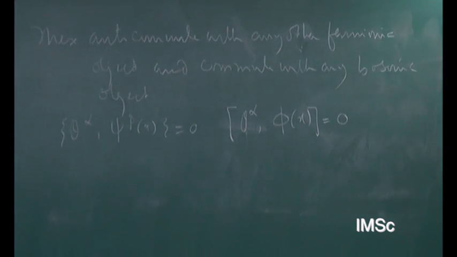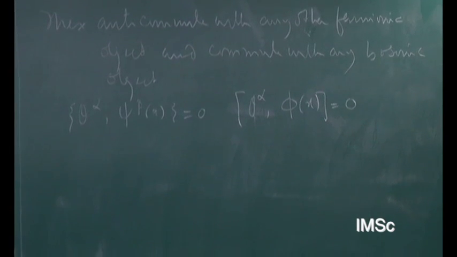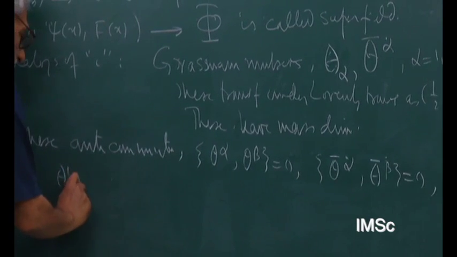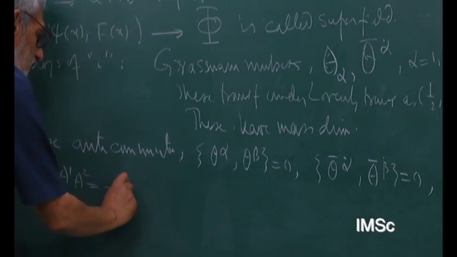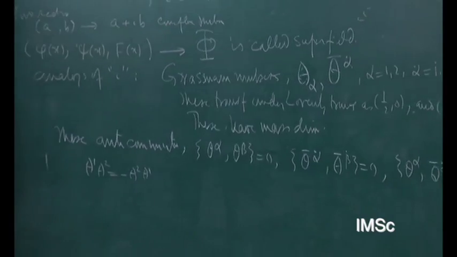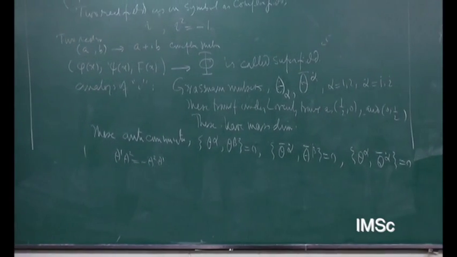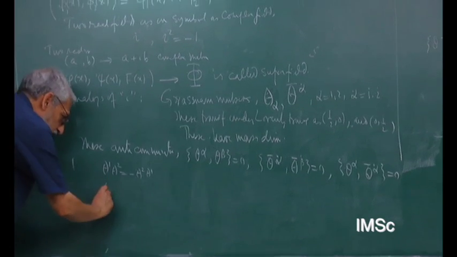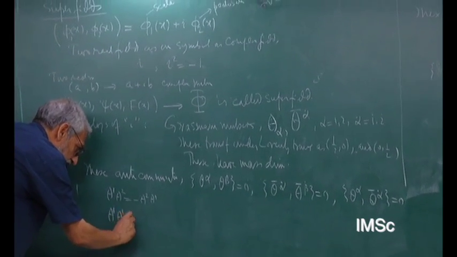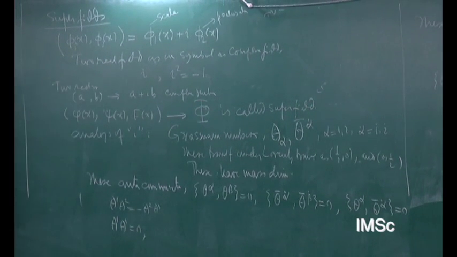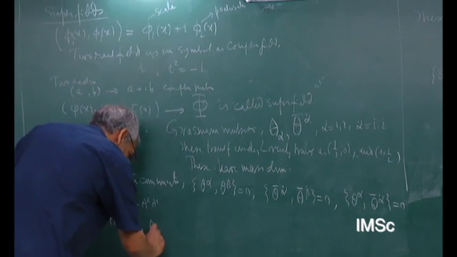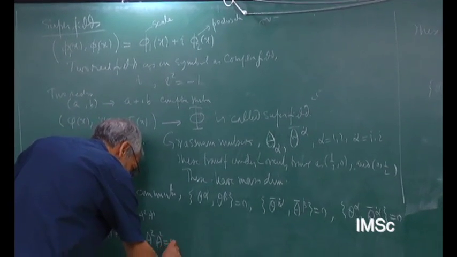Let me write this part in a little more detail, so that we understand what we mean. This means theta 1 theta 2 is the same as minus theta 2 theta 1. This also means that theta 1 times theta 1 is 0, and theta 2 times theta 2 is 0.